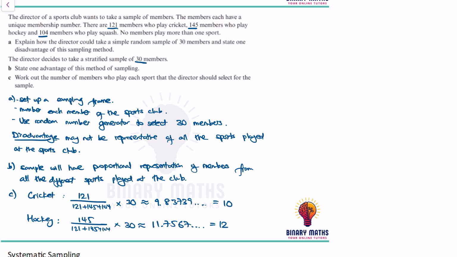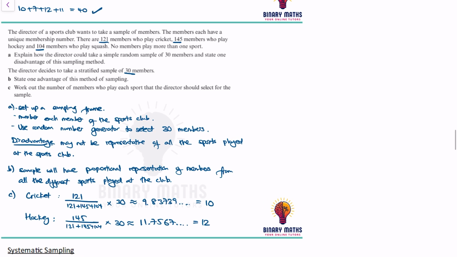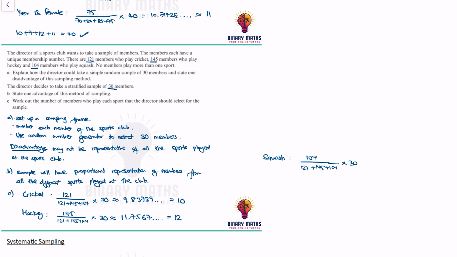And the last sport I have to do here is squash, which is 104 over 121 plus 145 plus 104 times by 30, 8.4324, which is equal to 8. And 10 plus 12 plus 8 is equal to 30, which is the required sample that we wanted.